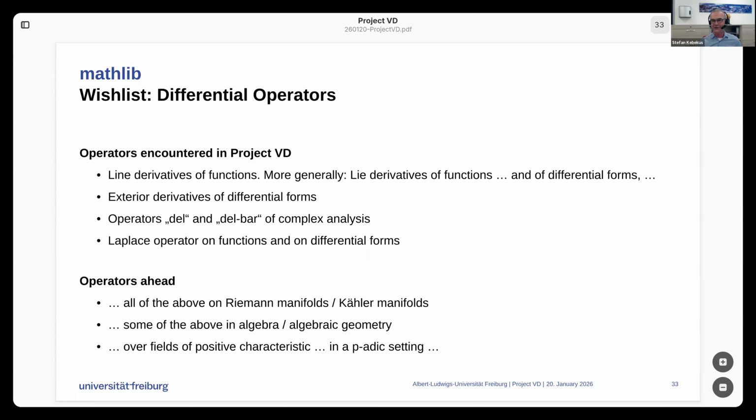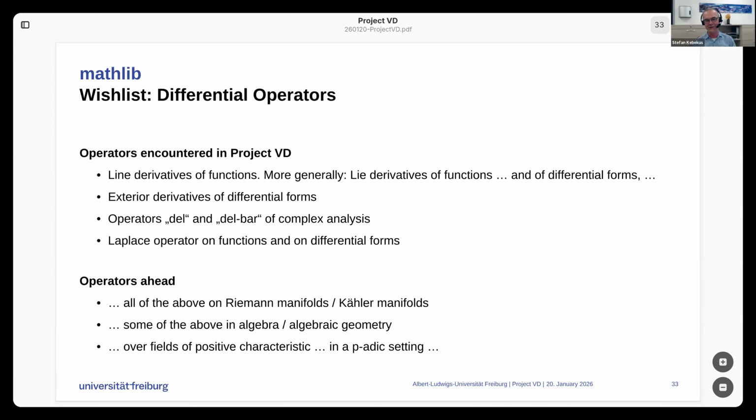We have line derivatives of functions, which I believe in MathLib are a bit of a second-class citizen. We definitely want not only line derivatives, but Lie derivatives, so deriving functions not in one direction everywhere, but according to a vector field where the direction that I differentiate into will change from space to space.